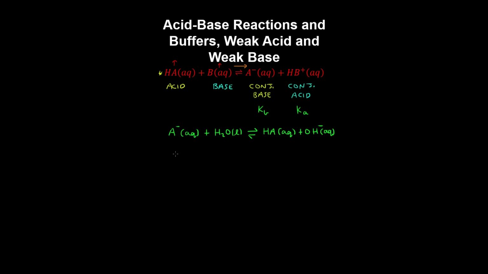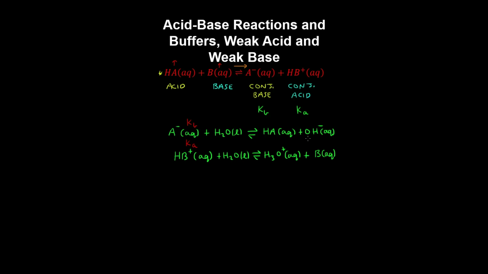And similarly, the conjugate acid would donate a proton to water to yield hydronium and the base. So this reaction would have a base dissociation constant, and this one would have an acid dissociation constant.